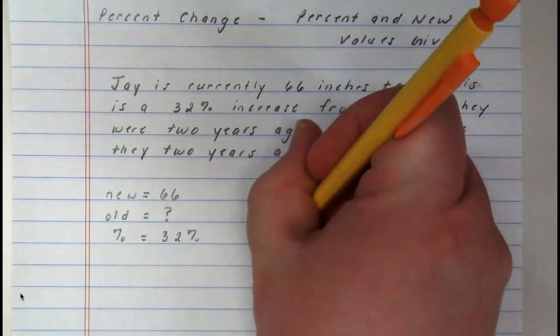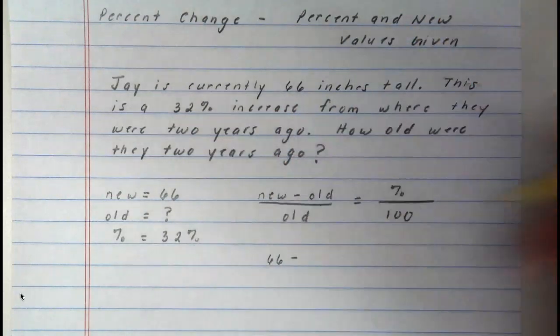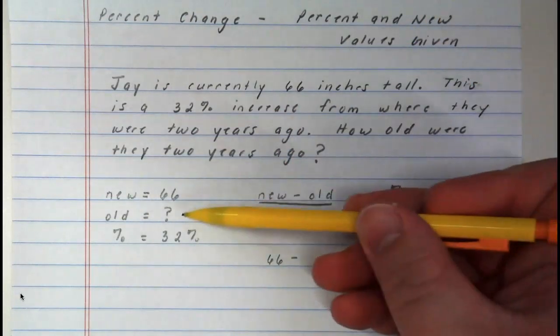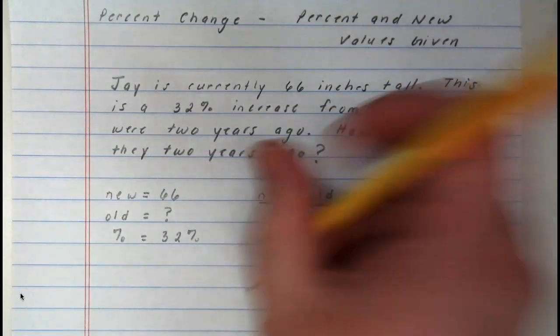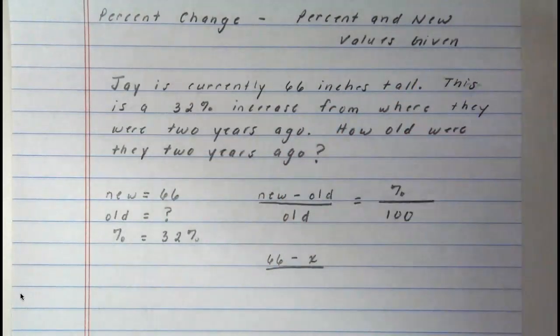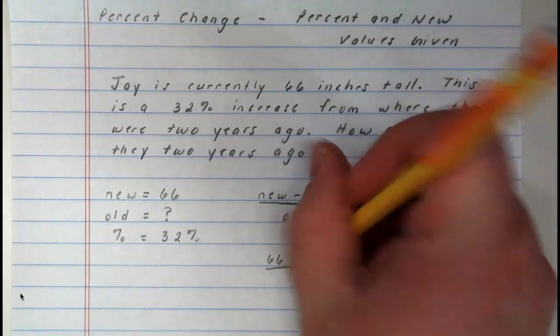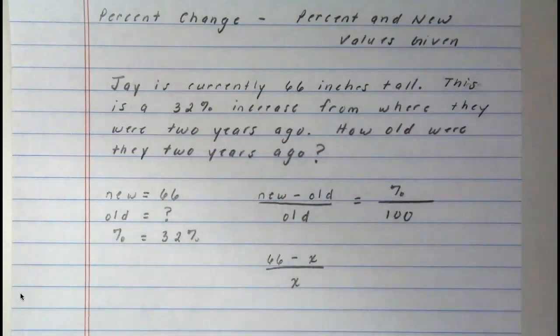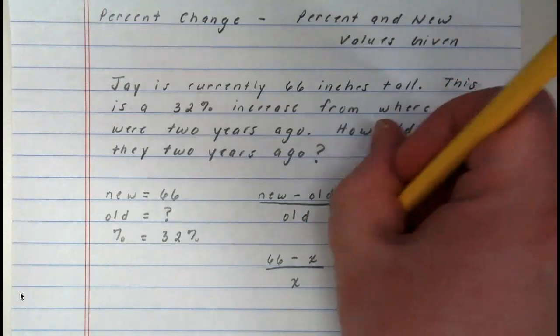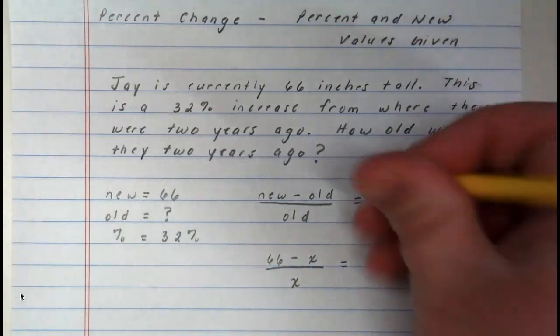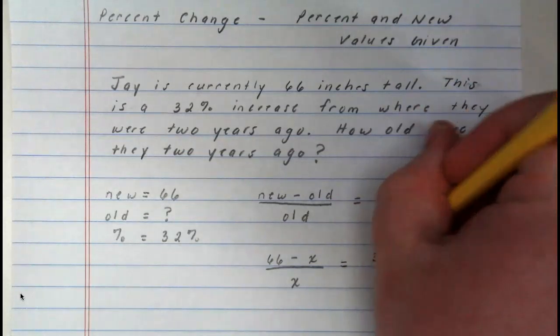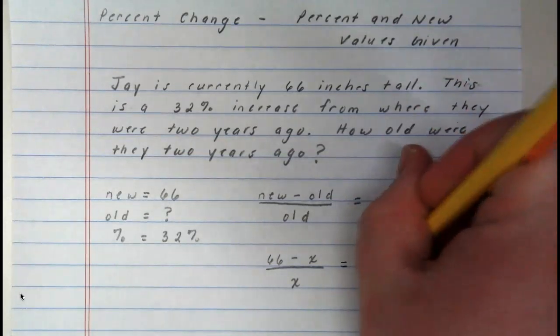So it's going to be 66 minus the old amount. And since we don't know the old, let's just use x for the variable there. And we're going to put that over the old, which again is x. We don't know what that is. And that will equal the percentage, which we found to be positive 32 over 100.